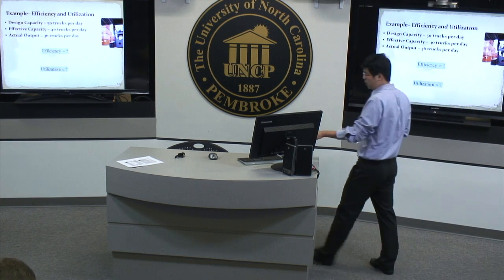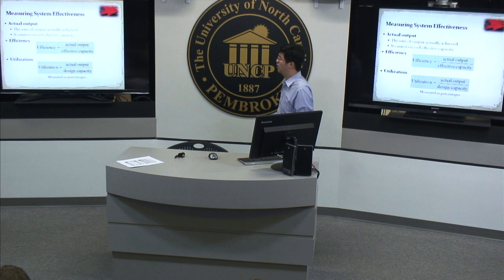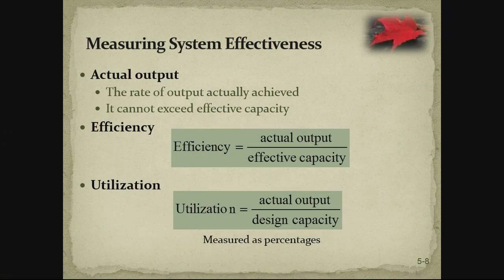Good enough, right? One minute. You already got the formulas on the last slide. Efficiency is the actual output divided by the effective capacity. Utilization is the actual output divided by the design capacity. Does everybody get the formula? No? You don't know?